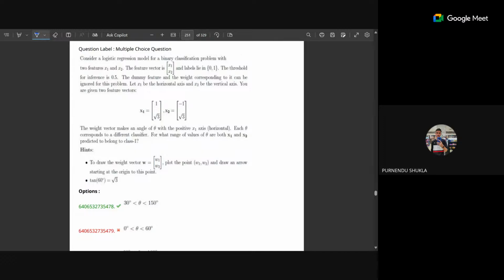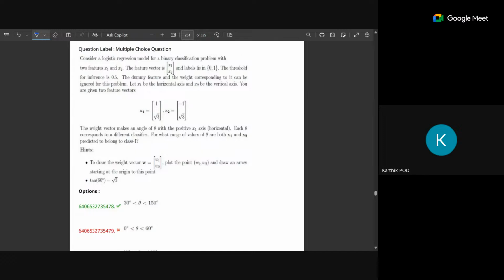W1 and W2 we have to calculate, right? So you just have to draw 1, root 3 and minus 1, root 3 and find out the two ranges.